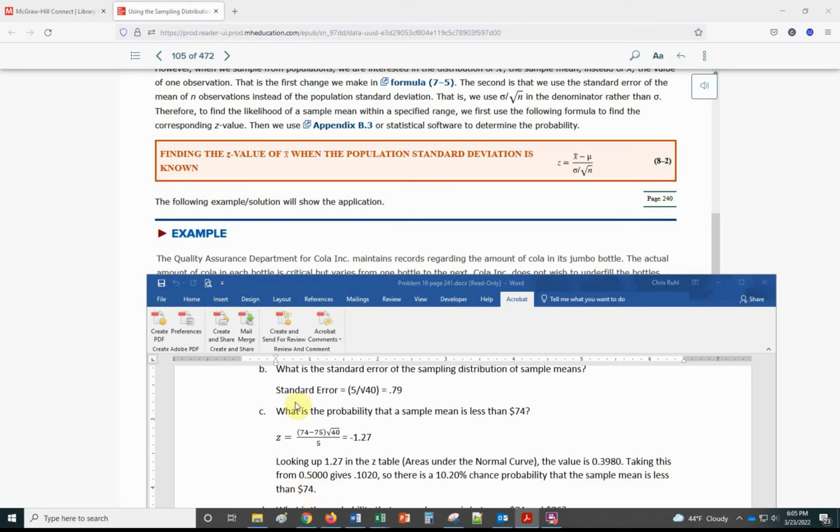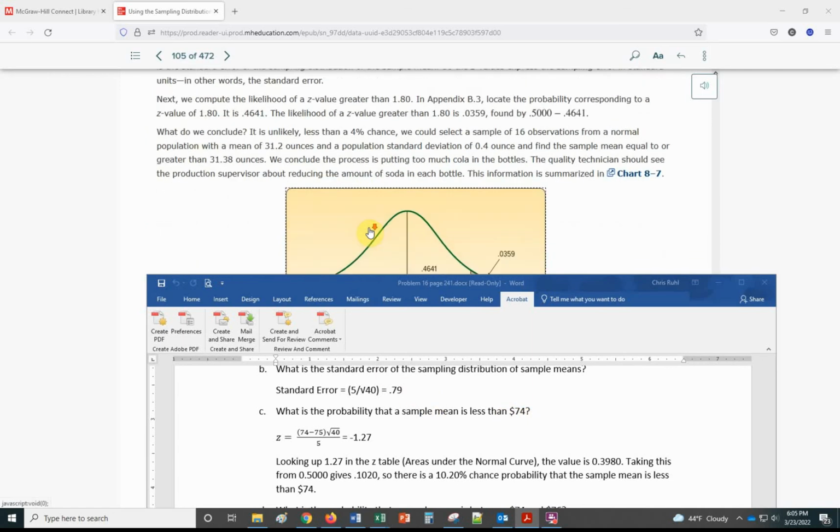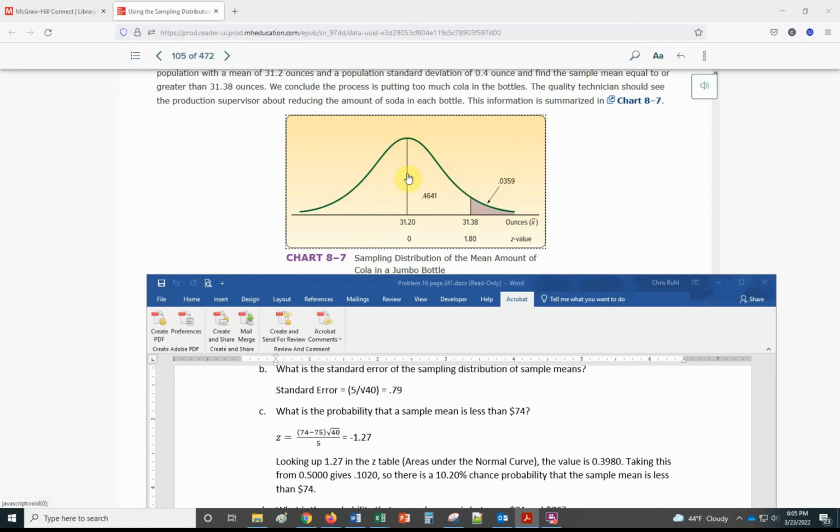All right, so the question said, what is the probability the sample mean is less than 74? If we look back here at our graph, this middle line is 75. As you go to the left here, remember it was negative 1.27, which takes us to the left.